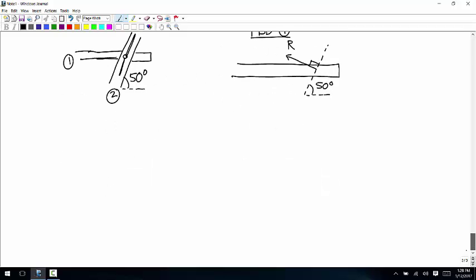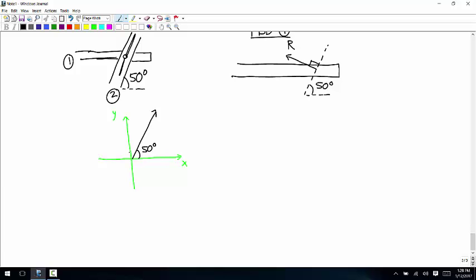So I'm going to do this the same way I did before. Here's the coordinate system. A vector that's parallel to the dotted line is counterclockwise 50 degrees from the x-axis.